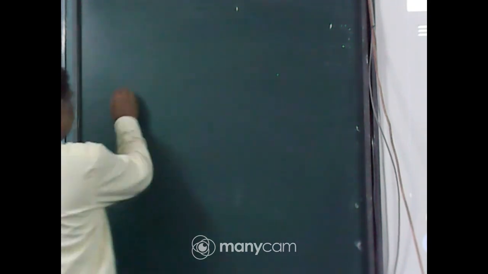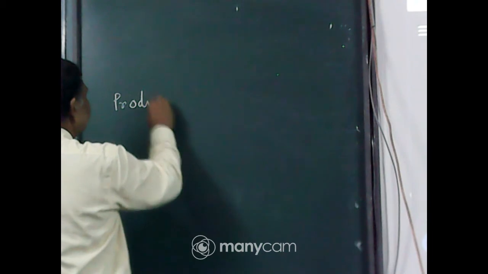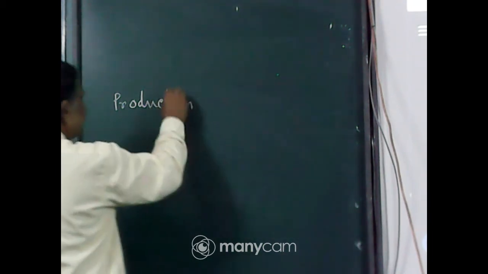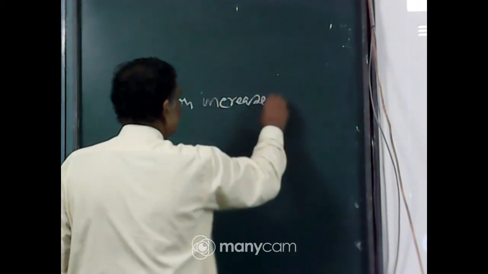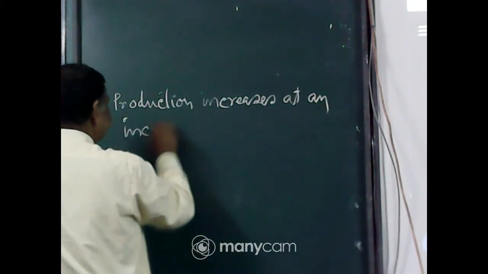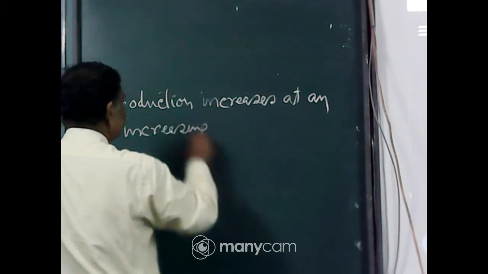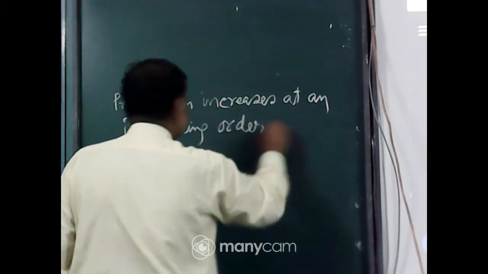You know, in production, there are three phases or three stages: stage 1, stage 2 and stage 3. Stage 1 is in increasing order. The production increases at an increasing order. This is stage 1.